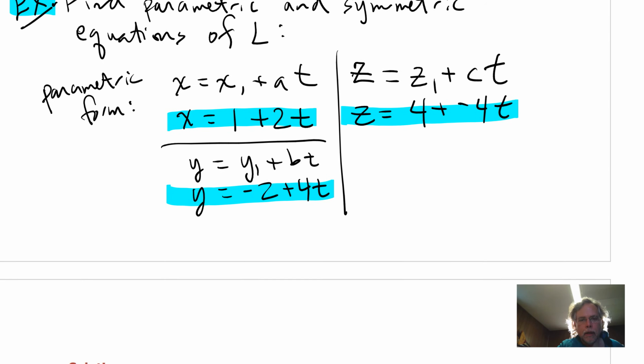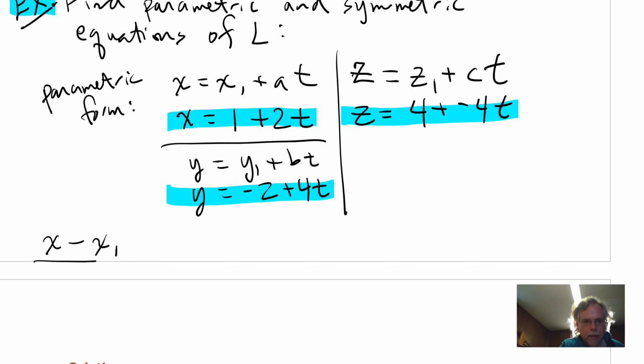To get the job done for the symmetric equations, it's kind of the same. They're just of a different form.